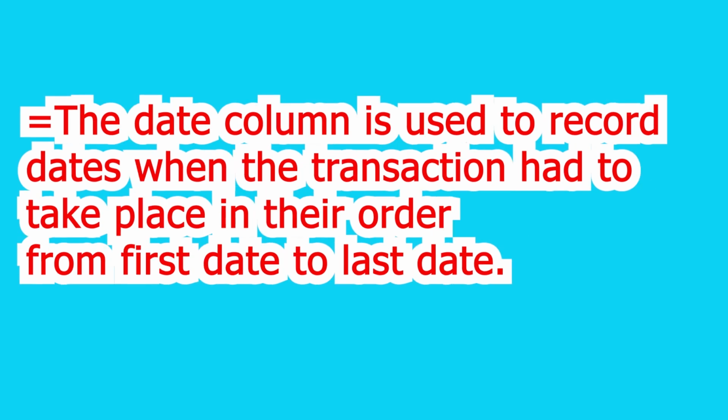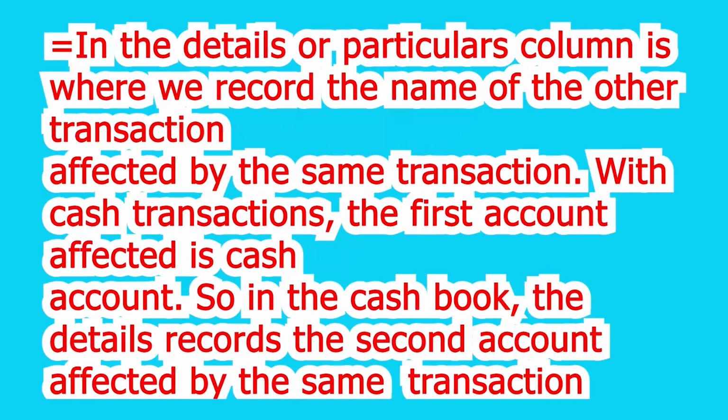The date column is used to record dates when the transaction took place, in their order from first date to last date. In the details or particulars column is where we record the name of the other account affected by the same transaction.